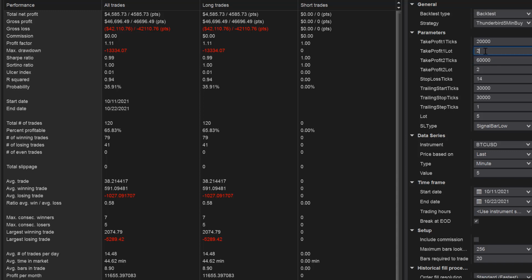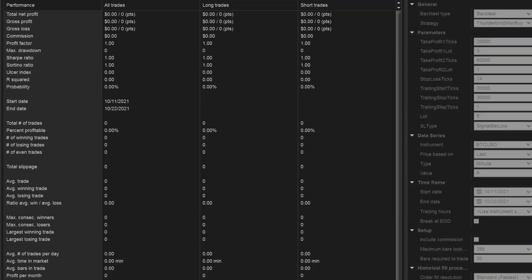If I took off more on the first one, which I usually like to do, which I didn't apply, we'll try that again now. I find that I take off most of my position after the first target is hit, and then that works a lot better too.